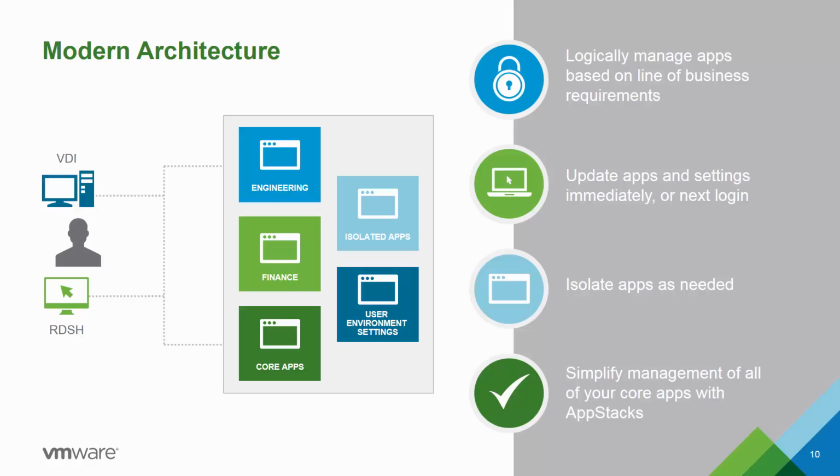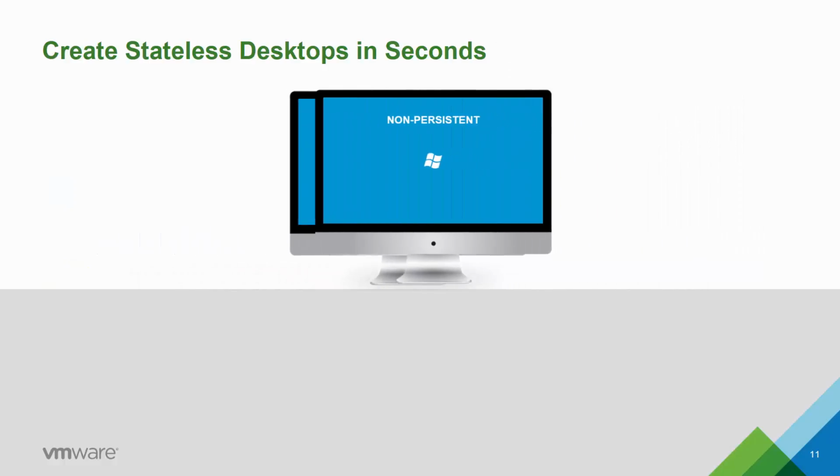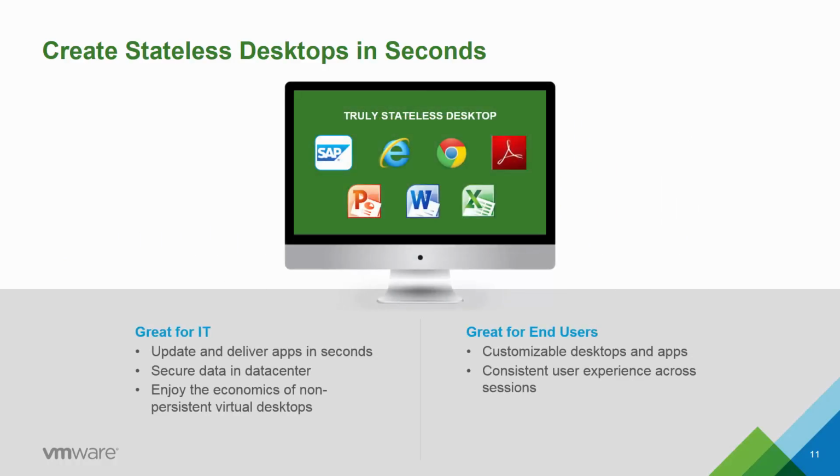Apps and settings can be delivered immediately or at the next user login. Using app isolation with XenApp allows IT to isolate apps for true app virtualization when needed, while managing all or some apps inside of AppVolumes app stacks. With AppVolumes, we can combine the benefits of persistent and non-persistent virtual desktops to deliver a truly stateless desktop. IT can update and deliver applications in seconds.